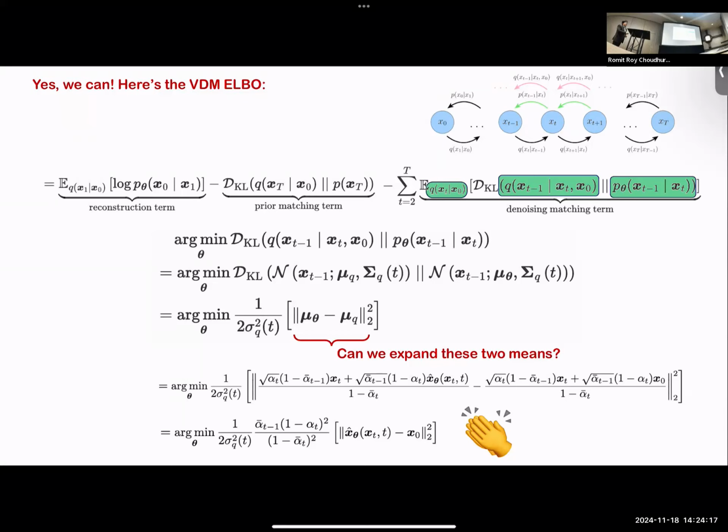It's equivalent to optimizing this term. Guessing where you came from to DC is equivalent to guessing where you started. Yes, because from where you started, you can add noise and come back to your previous step.